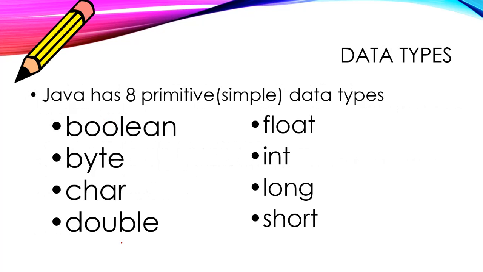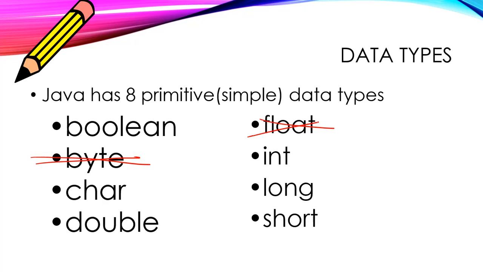Here are the 8 primitive, aka simple, data types that are available in Java. There's boolean, byte, char, double, float, int, long, and short. Now, keep in mind the kinds that these are. You're going to find that byte is not often used. That one you do not need to worry about in this class.